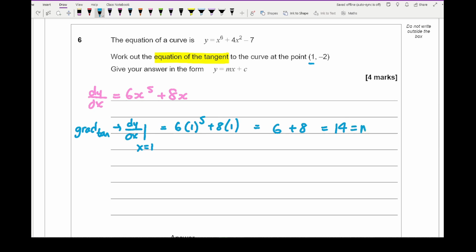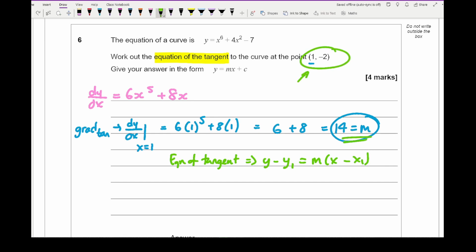So 14 equals m. Then all that's left for me to do is work out the equation of the line. So the equation of the tangent, and hopefully you're using this formula: y minus y1 equals m times (x minus x1). We've got m is 14, and we've got this coordinate here, which is my x1 and y1.